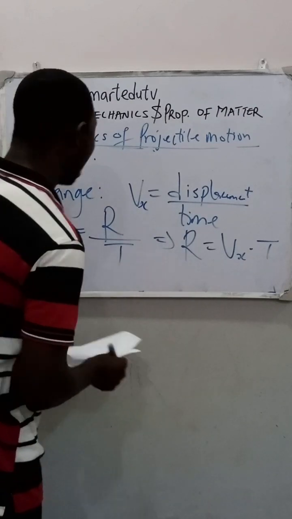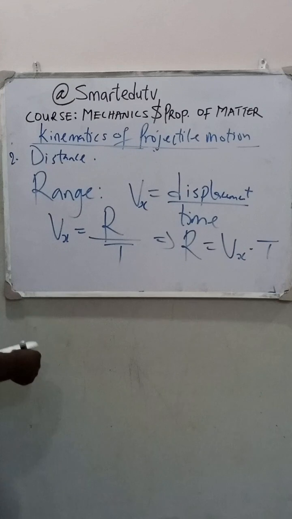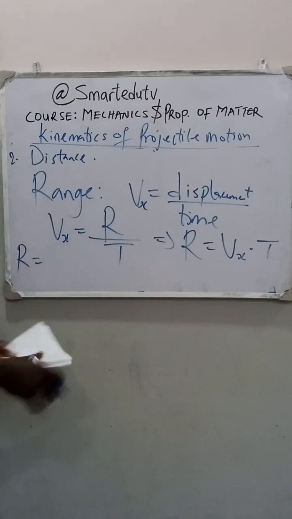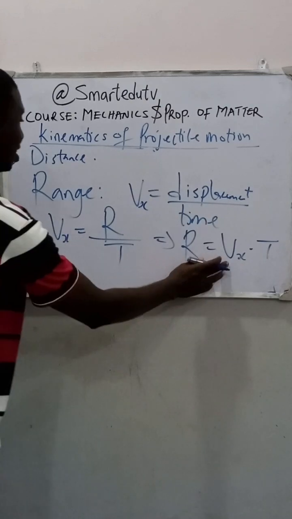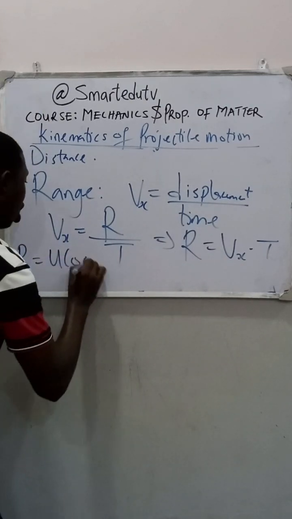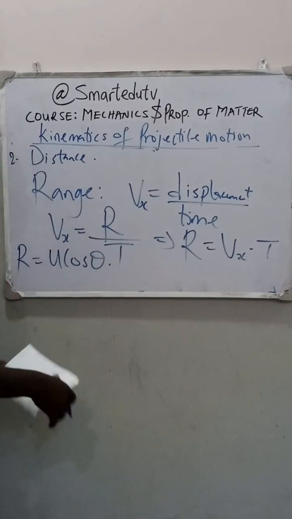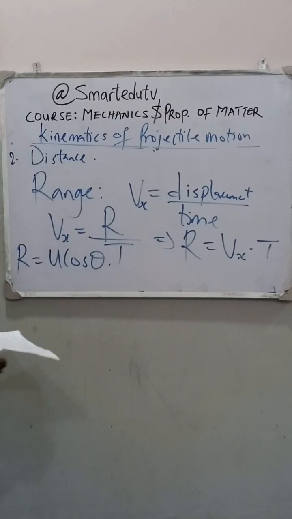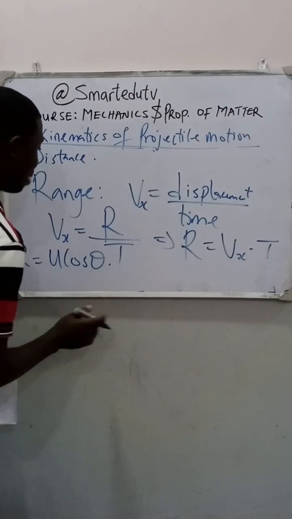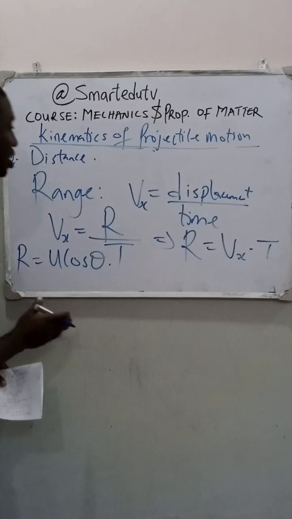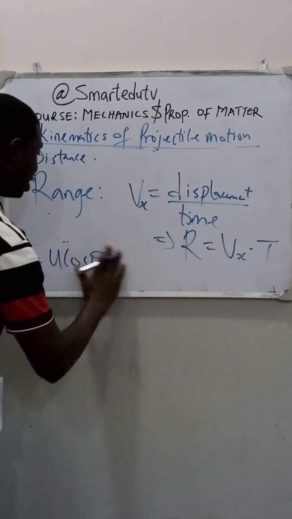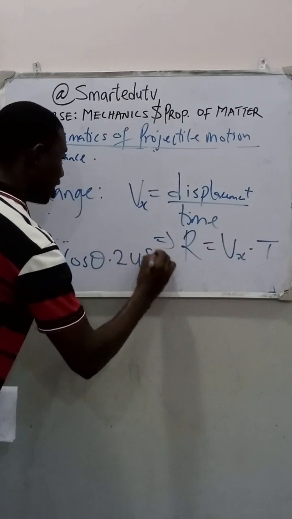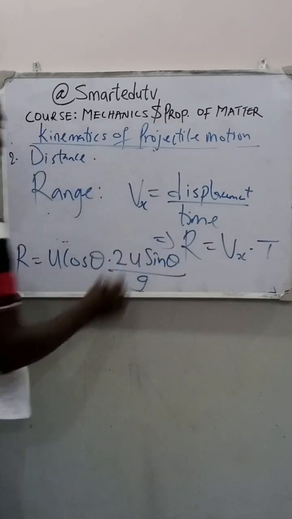So here we can have our range equal to the velocity along the x-axis, which is given as u cos theta, multiplying our time of flight. Don't forget, our time of flight is given as 2u sin theta over g.